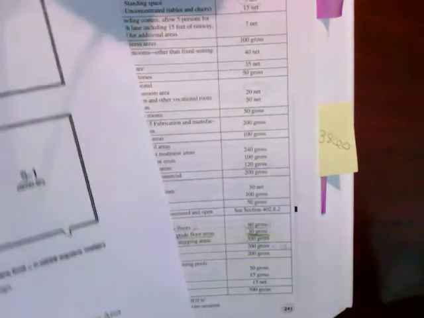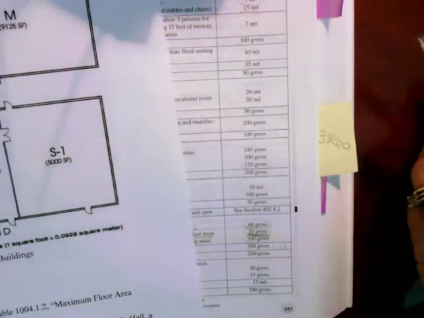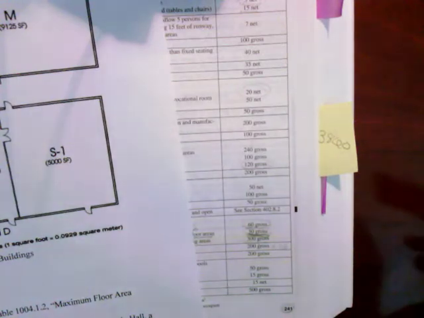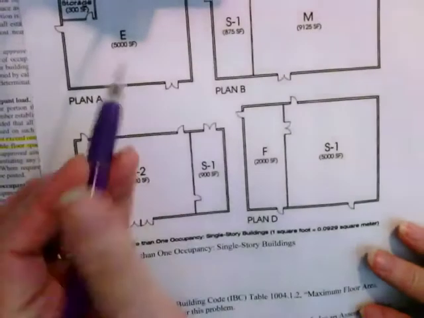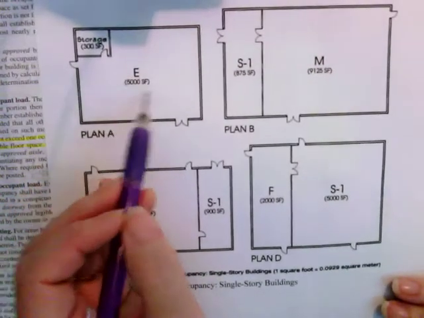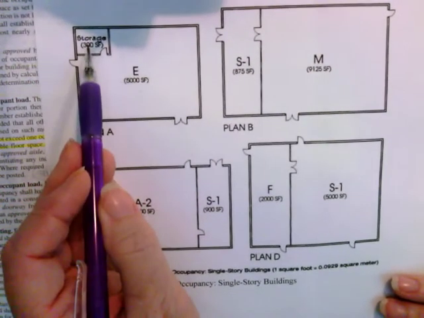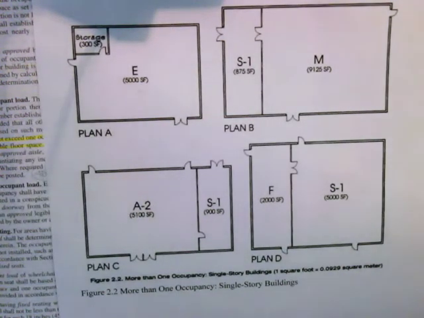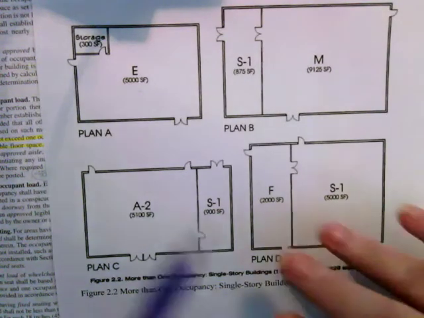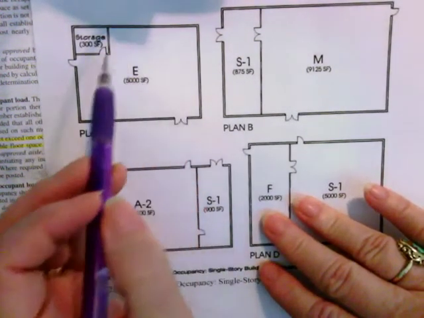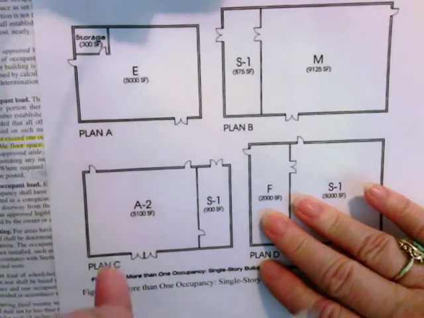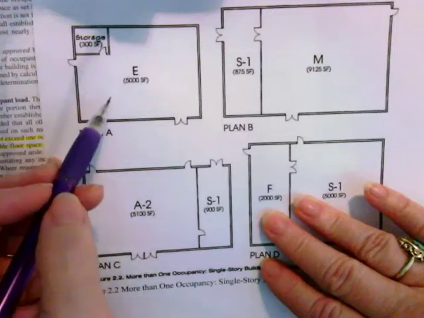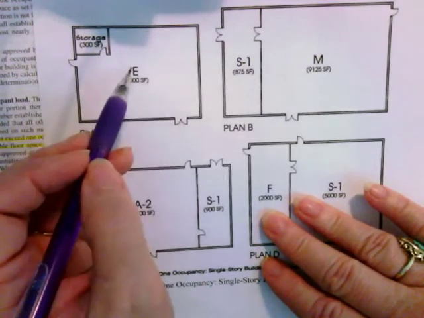Now, looking at that 20 net, we're going to end up taking it as 5,000 square feet because it talks about here 5,000 square feet is what's here, and this is 300. Okay? Now, net, there's a difference between net and gross. Net, you're taking the square footage of just the classroom area. If it said gross, you would have to add the two together. But we're just doing net of the classroom area.